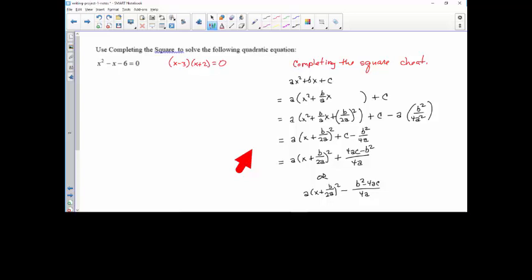into x minus 3 times x plus 2. So it should be fairly simple looking answers when we get all done. But let's just go to town on it. X squared minus x, the coefficient of x is 1, divide that by 2, square it.